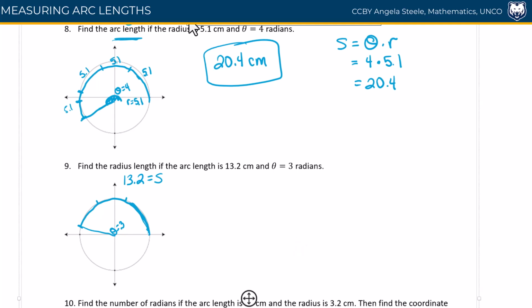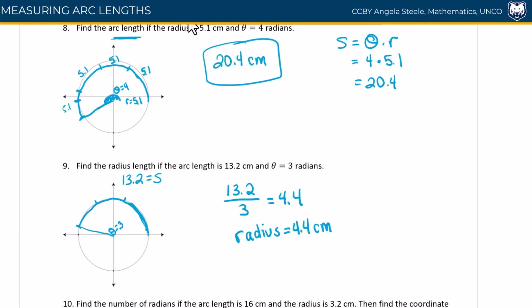Okay, so we're trying to figure out that 13.2 is broken up into 3 segments. So since we're breaking it up, we're going to use division. So 13.2 divided by 3 gives us 4.4, which means that the radius is equal to 4.4 centimeters.